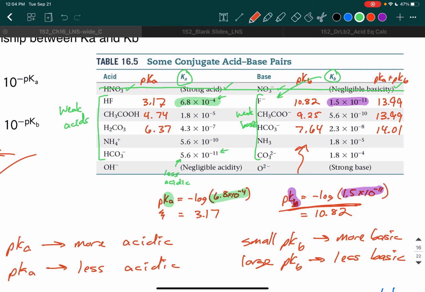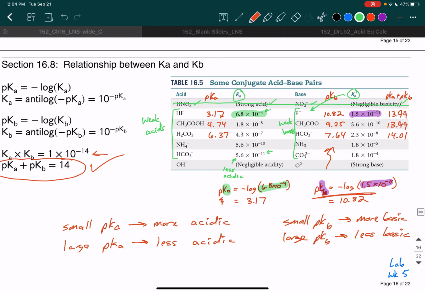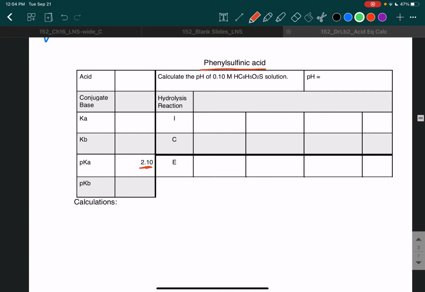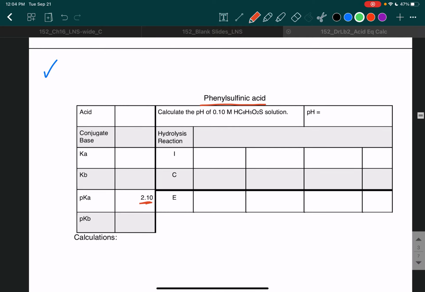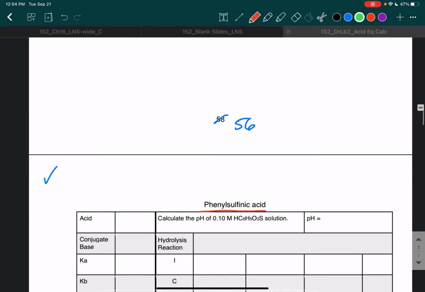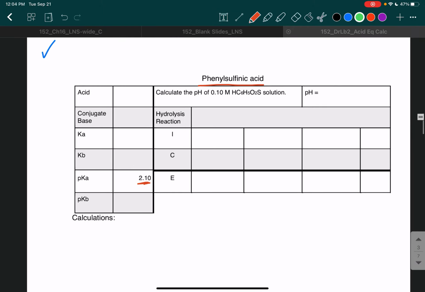The ionization percent is going to be well above 5%. In reality, we should use the quadratic formula on that one, but I am not getting bogged down in the quadratic formula any more than I already have today. So just go ahead and do this one as normal. I put a little star on this one in my notes.